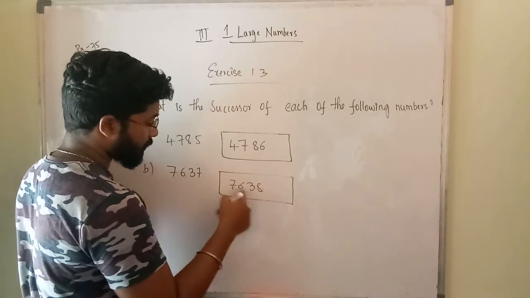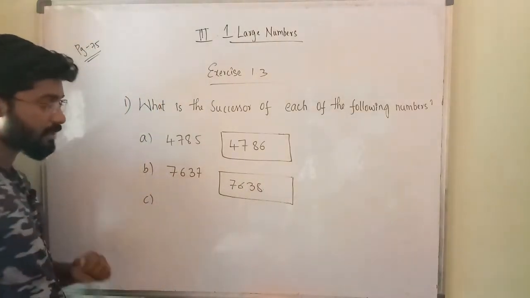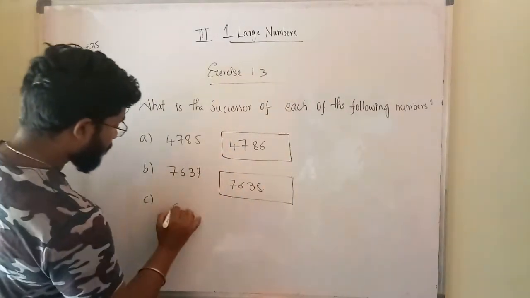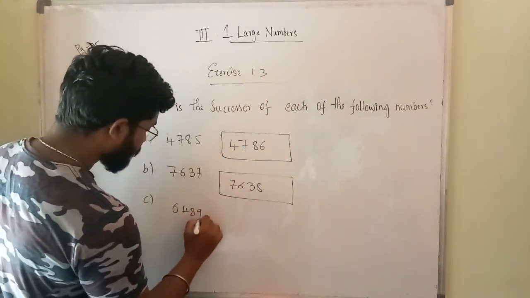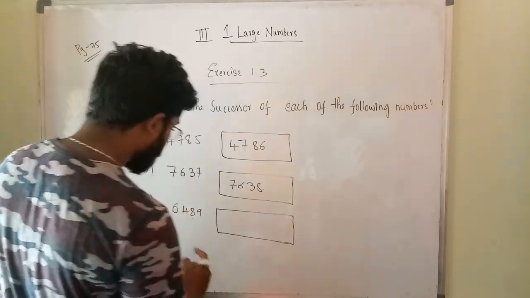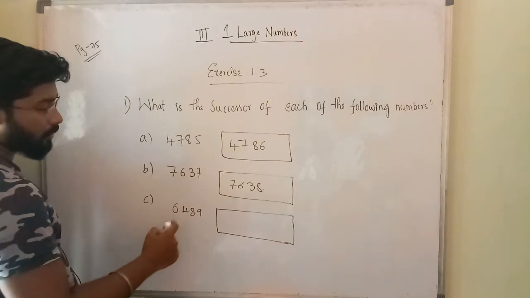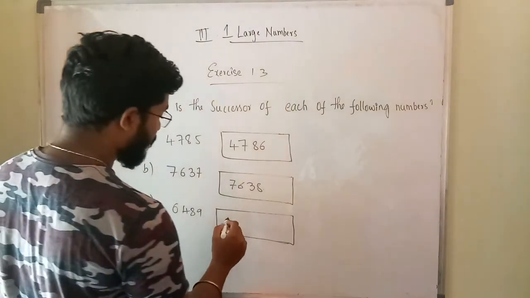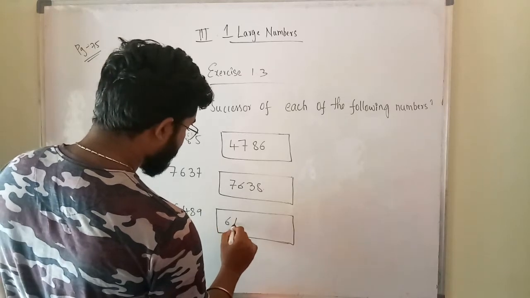Next one, C. 6489. Sorry, 6,489. Next you will get what? 6,490.